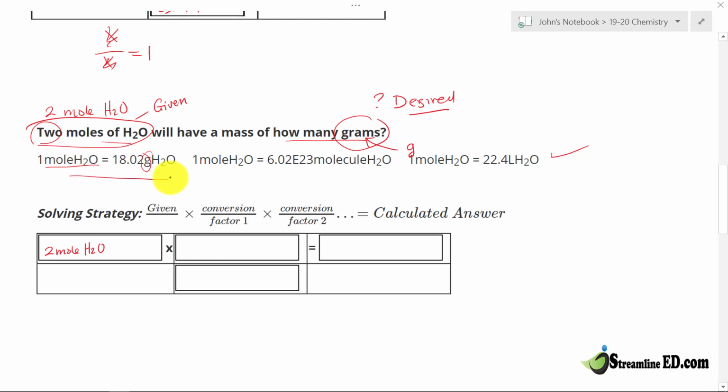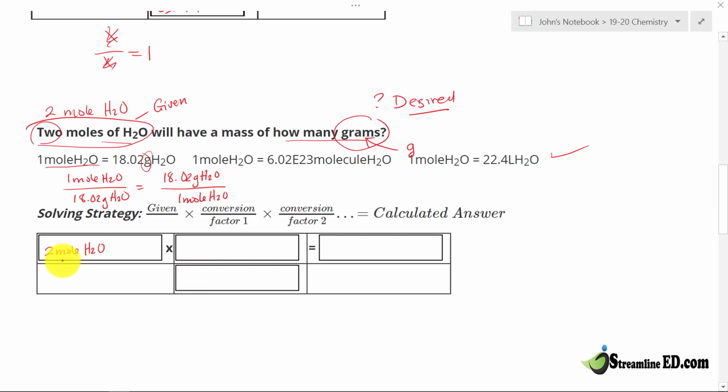So that's pretty easy. And we know that this conversion factor can be written as a fraction of 1 mole of H2O over 18.02 grams of H2O, or the other way around, which is 18.02 grams of H2O over 1 mole of H2O. But that is not that important when it comes to this.